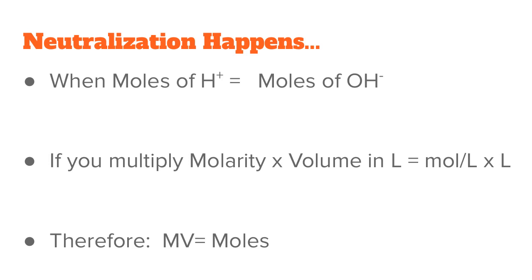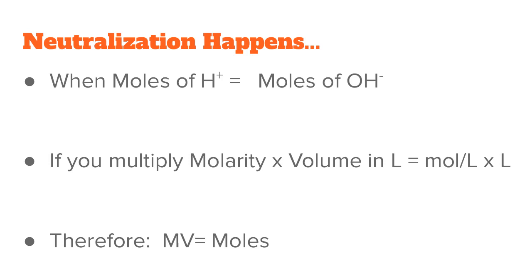Now we're going to shift gears a little bit, and we're going to look at neutralization. You looked at that in the video, but now we're going to go into how that relates to the math and how we solve what are called titration problems. We learned that neutralization happens when the moles of hydrogen ions is equal to the moles of hydroxide ions.